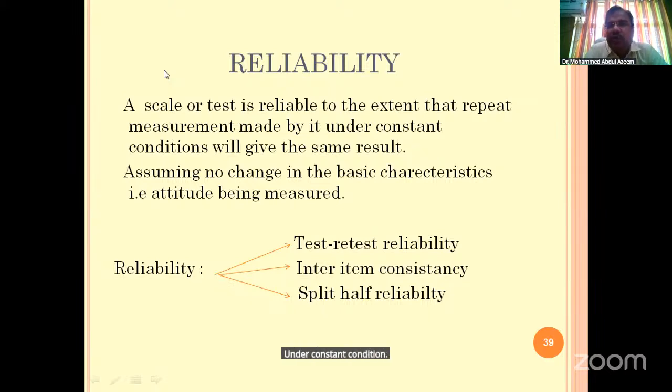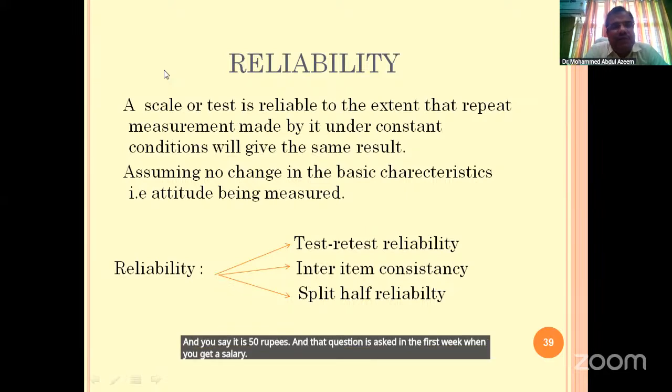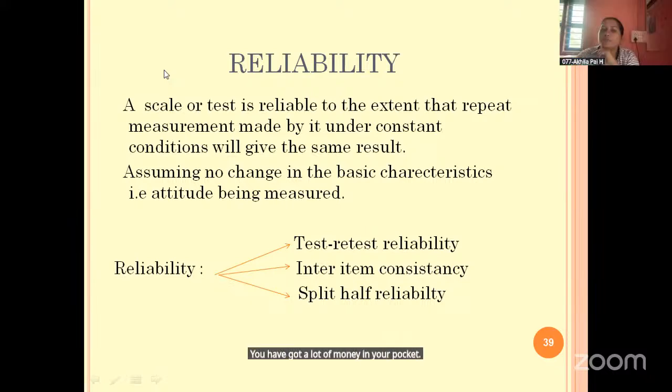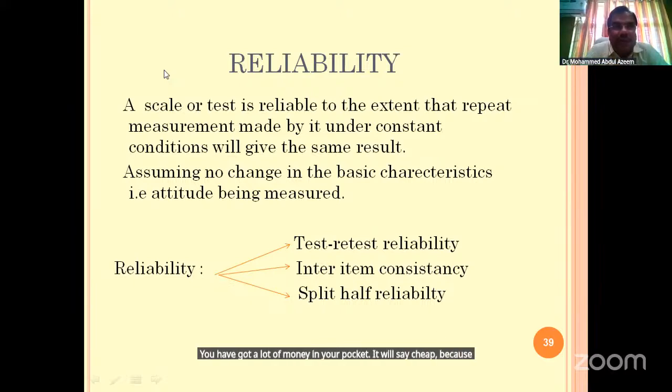See, this is very important. If you show a pen to the customer and you say it is 50 rupees and that question is asked in the first week when you get a salary, then what will be the response? Is it costly or cheap? You have got a lot of money in your pocket. Cheap, sir. He will say cheap because you have money.